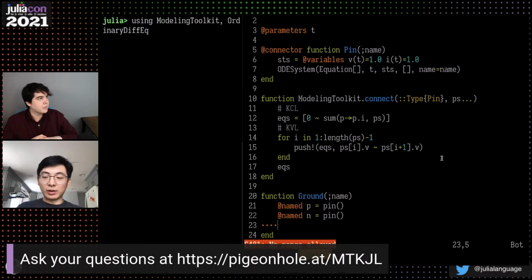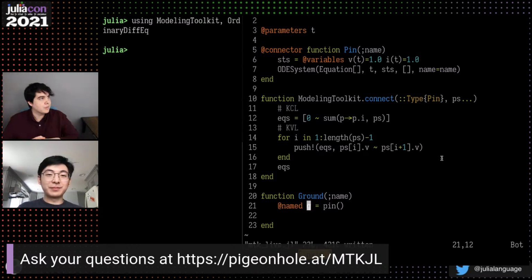Sorry, actually, in ground, we don't have positive and negative terminals. It's just the ground pin. And then the only equation is that the voltage of the ground is 0.